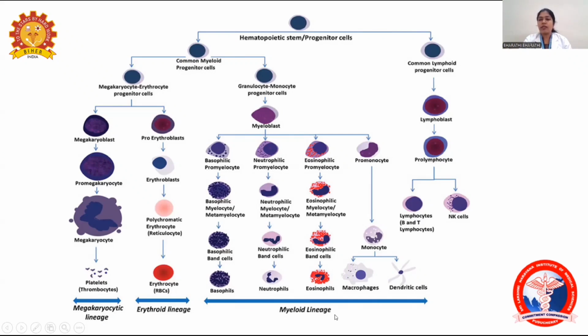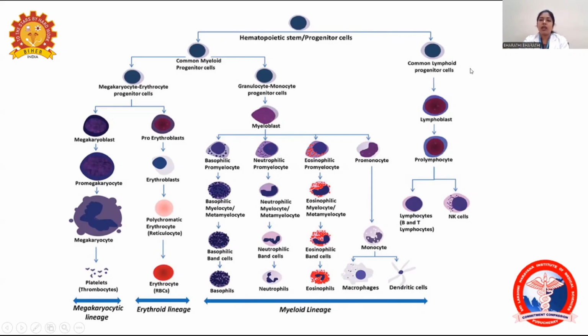Only the mature cells come to the blood. You should be very clear with this scenario, because these precursor cells will be seen only in the bone marrow. All the other mature cells will be seen in the blood. So the megakaryocyte, the erythrocyte, and all the granulocytic precursors will be seen in the bone marrow. Only the mature cells will be seen in the blood. Clear?